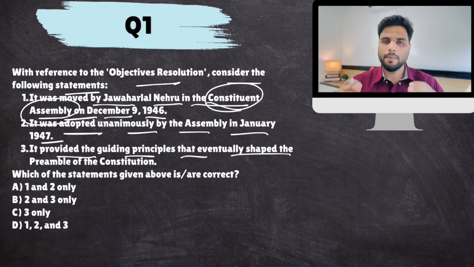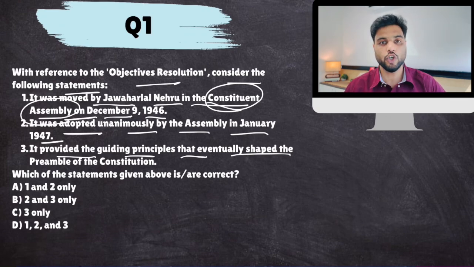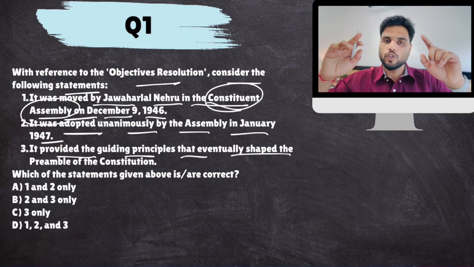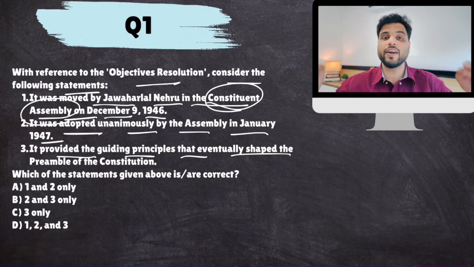Yes, we are going to create a detailed constitution in these next 2 years, but what are the guiding principles? Should it be a liberal constitution? Should it ensure justice, liberty, and all these things? We are going to make a constitution, but what would be the guiding principles? What would be the framework?